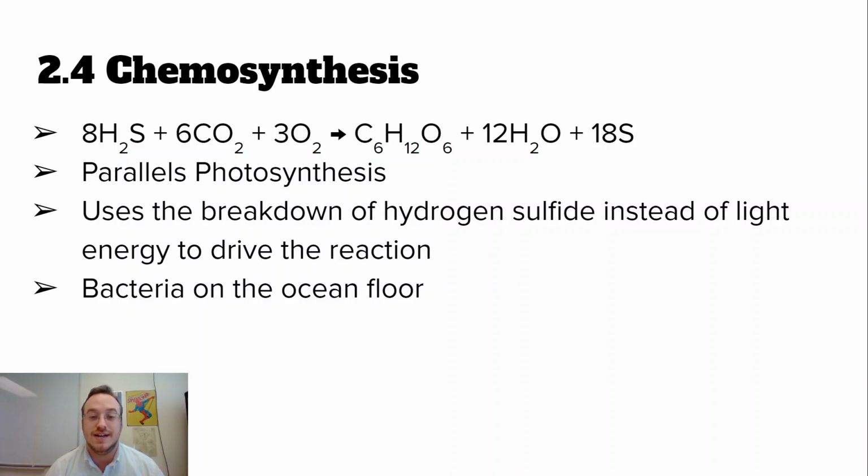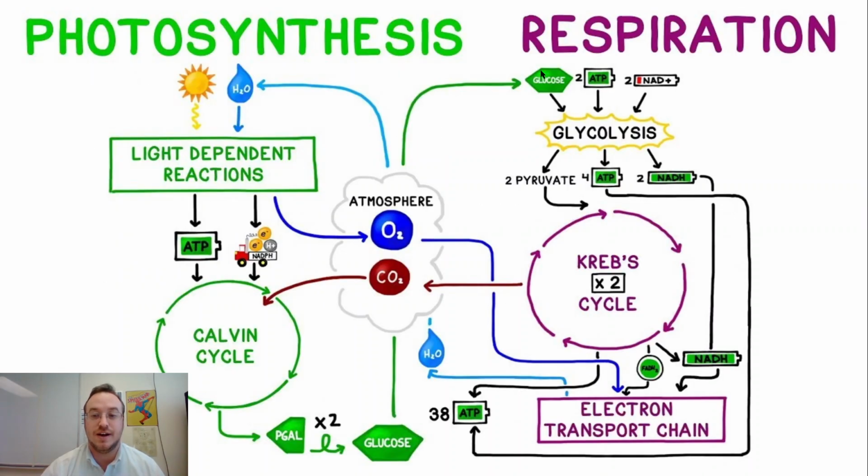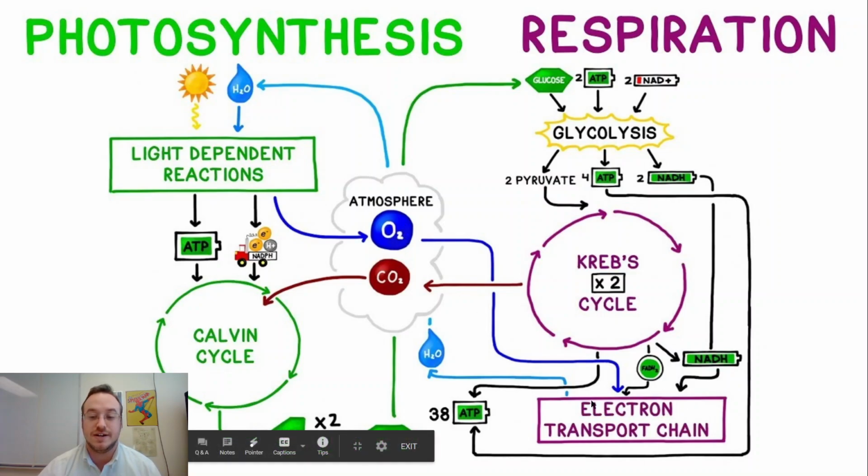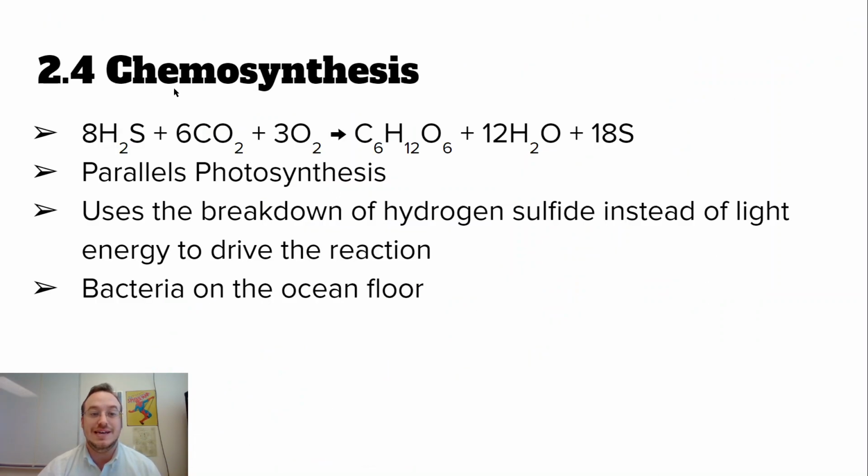Once glucose has entered the mix, right? I'm going to go back. Once we've got glucose, you can do glycolysis, and you can do the Krebs cycle. And fish and small shrimp and crustaceans that live down there can get oxygen from the water instead of breathing it, right? So they can do the electron transport chain. So respiration can still happen down there, but photosynthesis can't.